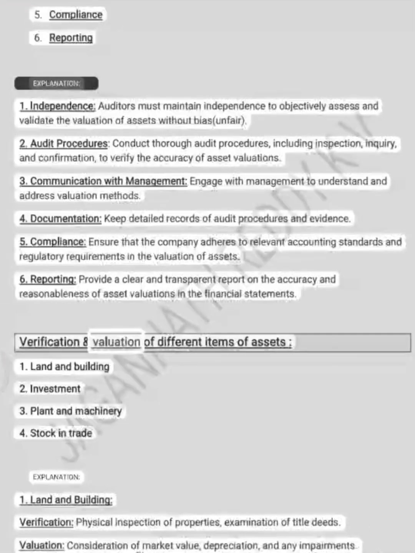Verification and valuation of different items of assets. 1. Land and building. 2. Investment. 3. Plant and machinery. 4. Stock in trade. Explanation. 1. Land and building.